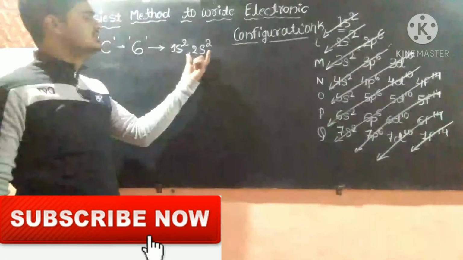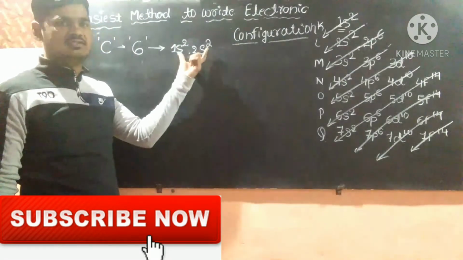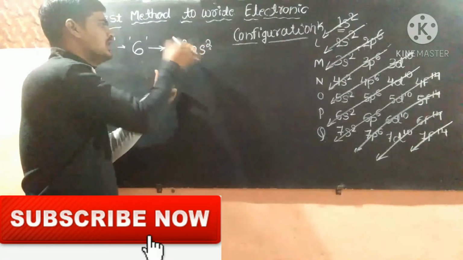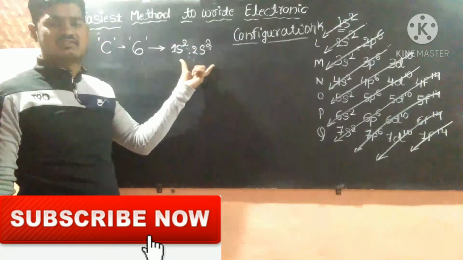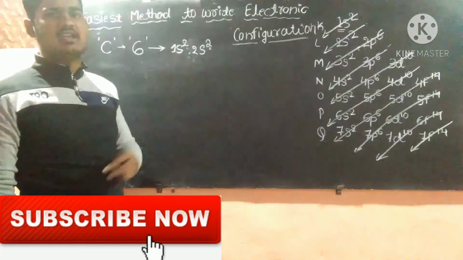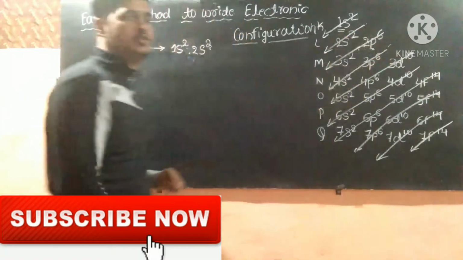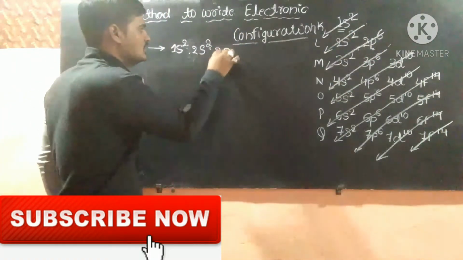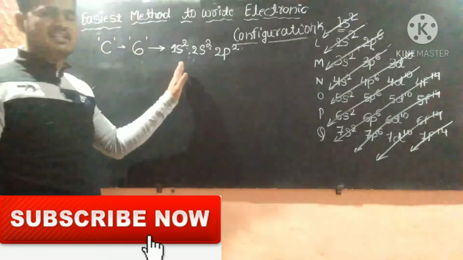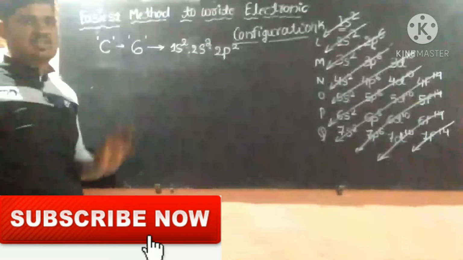We have taken 2 electrons here and 2 electrons here. The total number of electrons taken is 4. The remaining electrons are only 2. Those 2 electrons we will take from 2p. So 2p2. This is the electronic configuration of carbon.